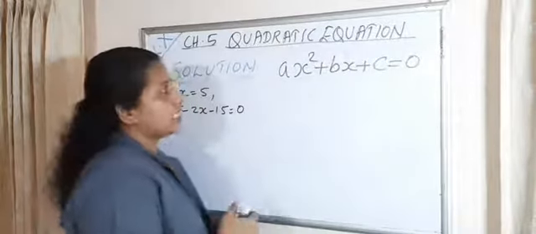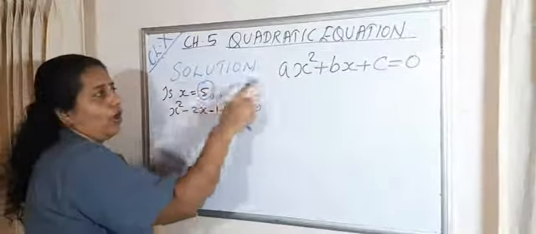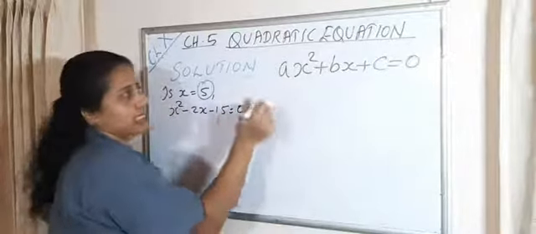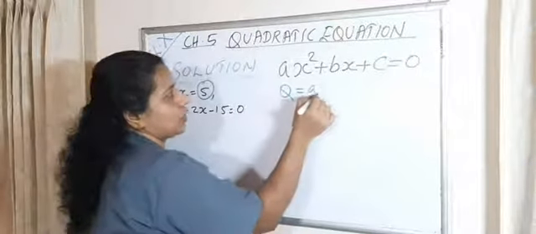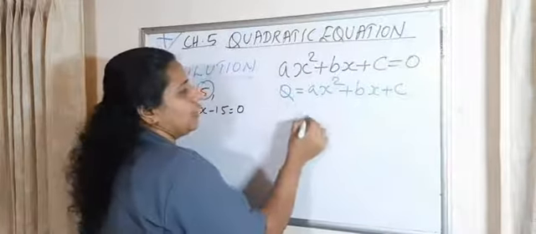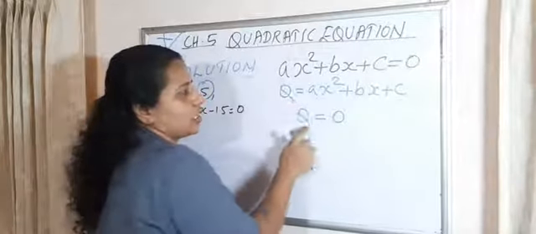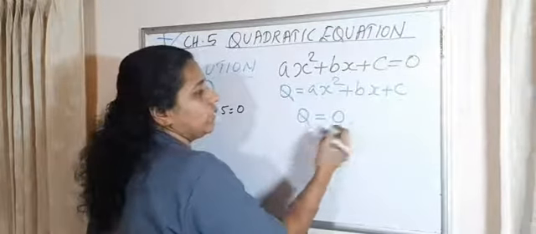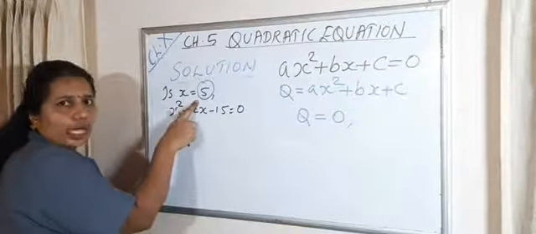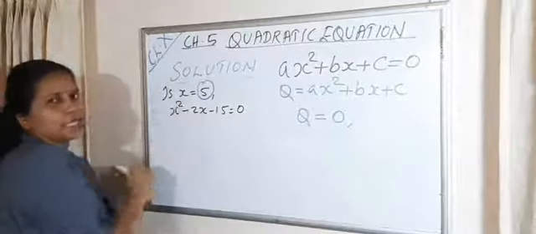When we substitute the value of x as 5, and if we get 0, that is, when we take this as q equal to ax square plus bx plus c, then if you get q equal to 0, that is the quadratic expression equal to 0, then you can say the given number is a solution of that quadratic equation.